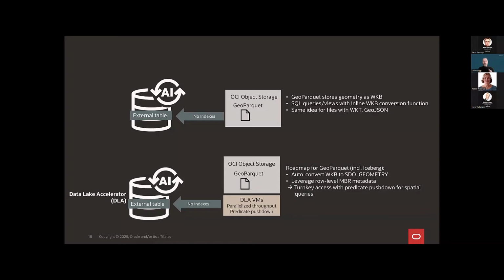So those are the two things that are going to make working with GeoParquet and the AI Lakehouse with spatial turnkey: from the perspective of recognizing it as a spatial format that will be automatically cast to Oracle Spatial, and turnkey in terms of performance when it comes to offloading predicates and parallelizing throughput. I'm going to show you the top part right now, and the bottom part is what is going to be coming out as spatial becomes a mainstream feature of the Autonomous AI Lakehouse.